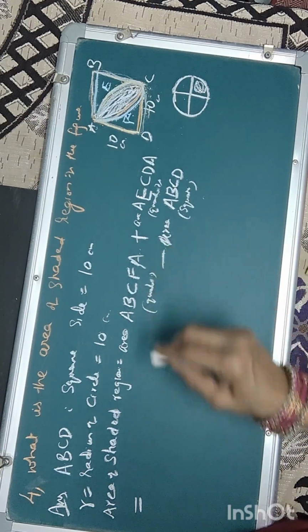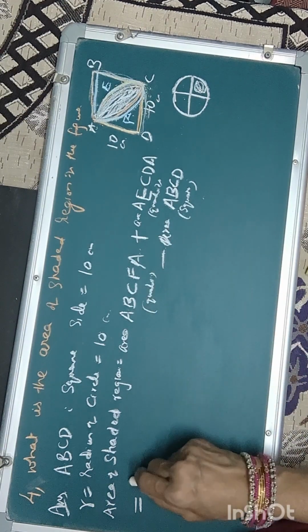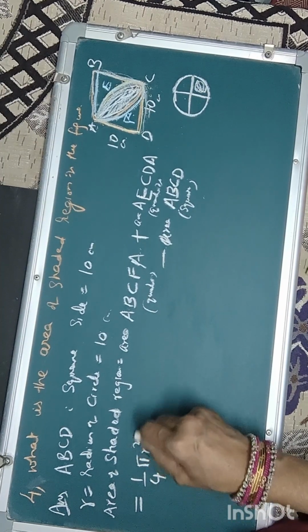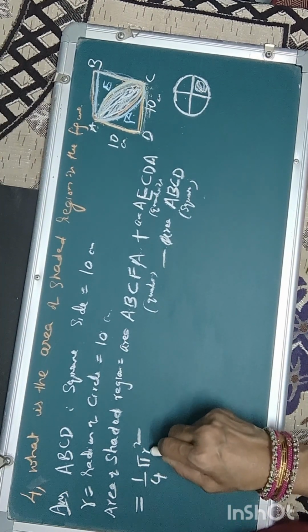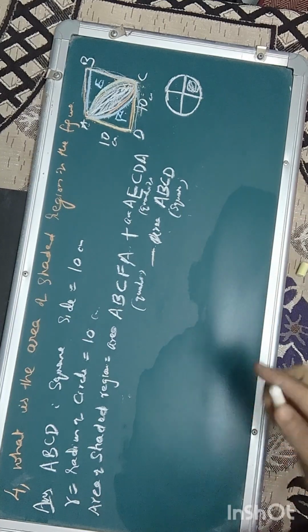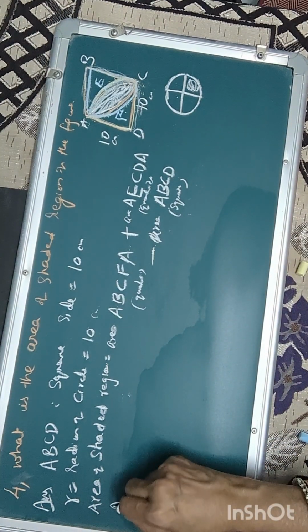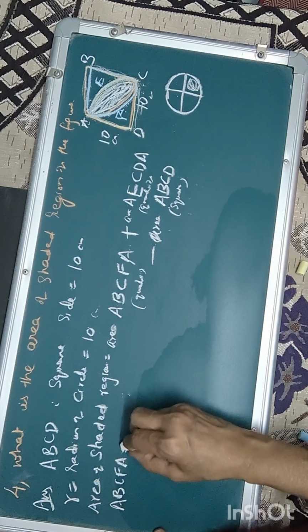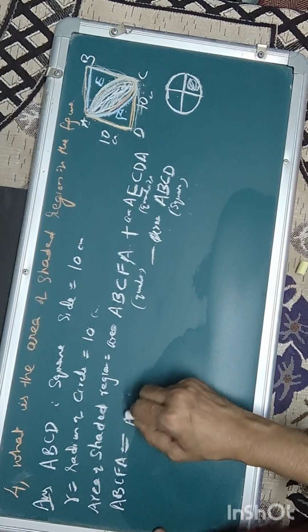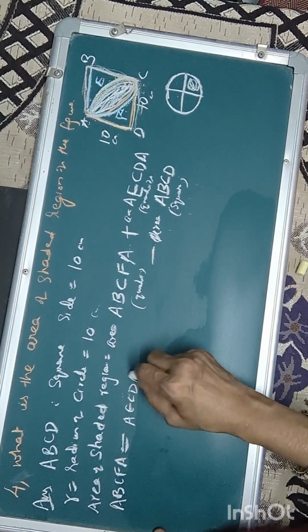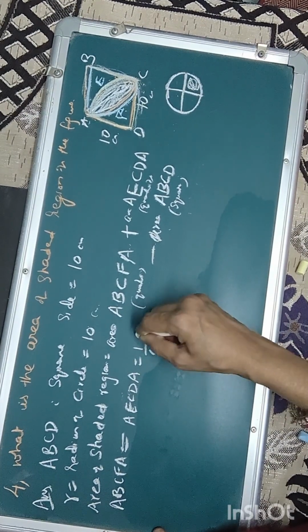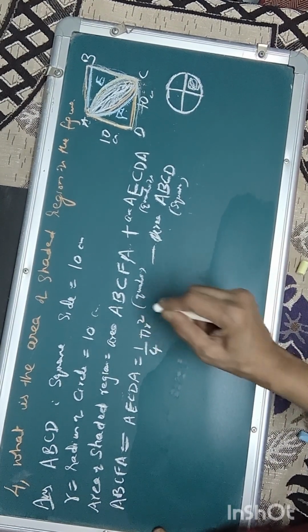Area of ABCFA is equal to 1/4 pi r square. And area of AECDA, that is the quadrant area, is equal to 1/4 pi r square.